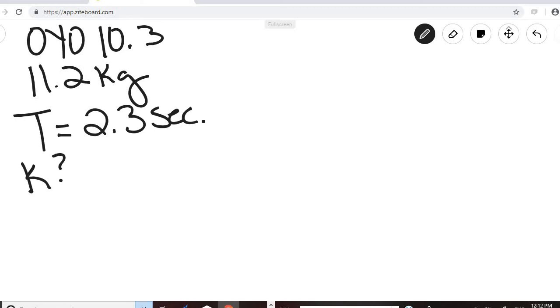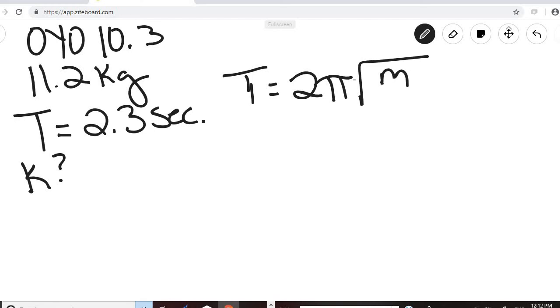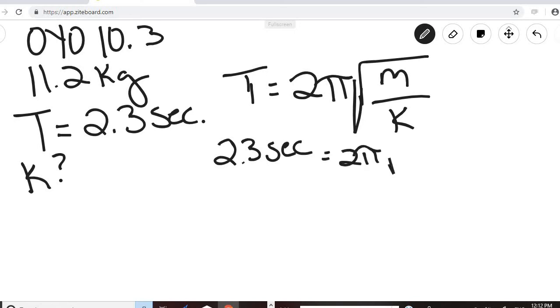Okay, so for this one, we know that T is equal to 2 times pi times the square root of m over k. So if we plug in what we know, then 2.3 seconds equals 2 times pi times the square root of the mass, which is 11.2 kilograms, divided by k.